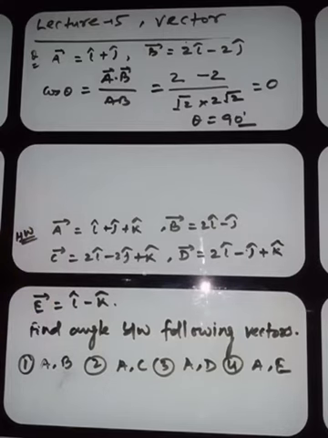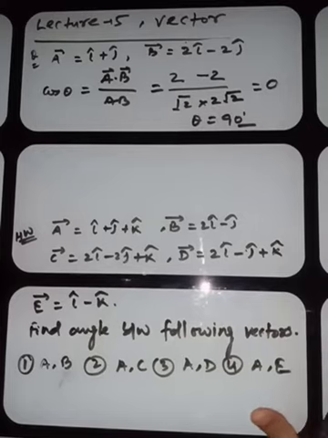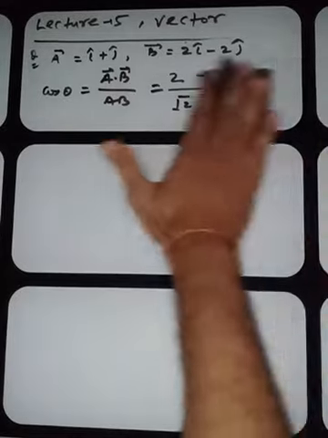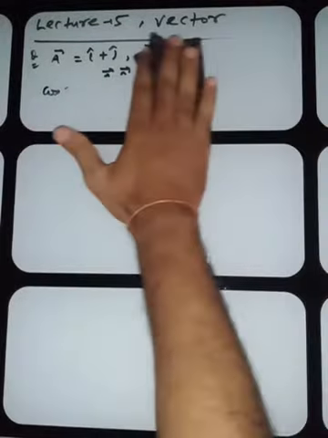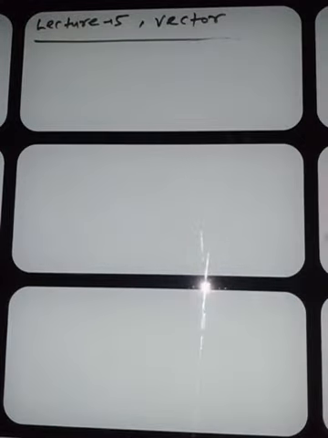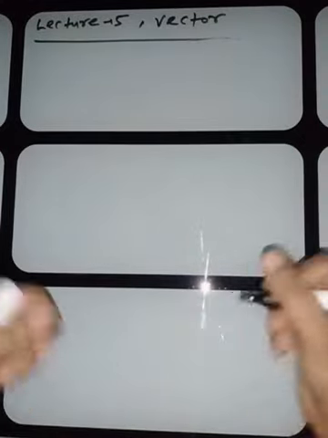Okay, my dear student, now let me move to the cross product. Cross product of two vectors. Let me wrap this one. So give the heading, my dear student: Cross product.